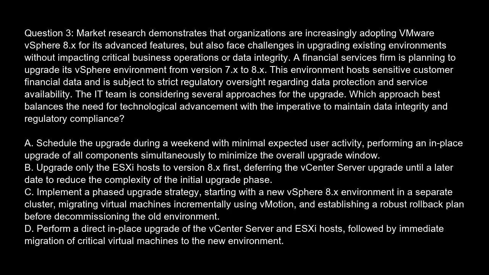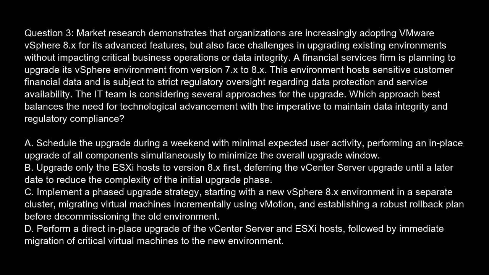Option A. Schedule the upgrade during a weekend with minimal expected user activity, performing an in-place upgrade of all components simultaneously to minimize the overall upgrade window. Option B. Upgrade only the ESXi hosts to version 8X first, deferring the vCenter server upgrade until a later date to reduce the complexity of the initial upgrade phase.